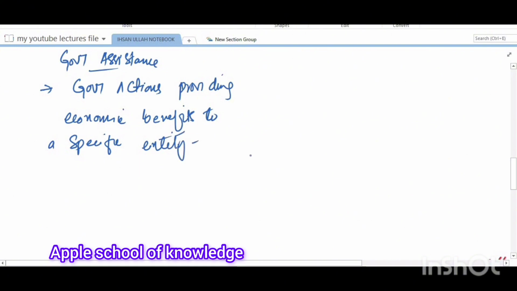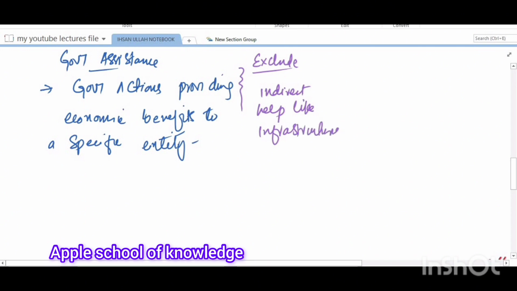Clear? And this will also exclude indirect help, like infrastructure development, which benefits multiple entities.